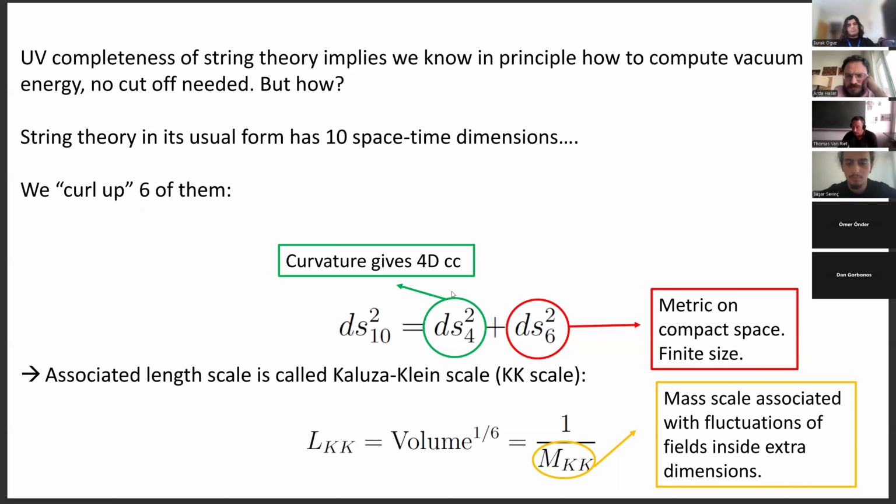That curvature scale tells us about the cosmological constant. And then the red part here is a metric on the compact space. It has a finite size, and it has a different length scale associated to it. The length scale associated to the small part we call the Kaluza-Klein length scale. And one way of defining it is by just saying it's like the 6th root of the volume.